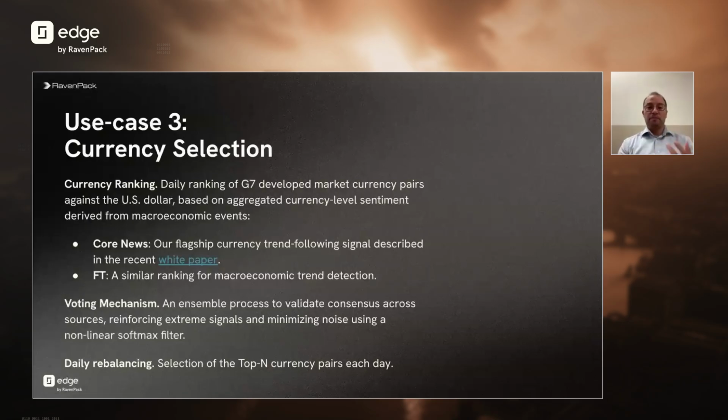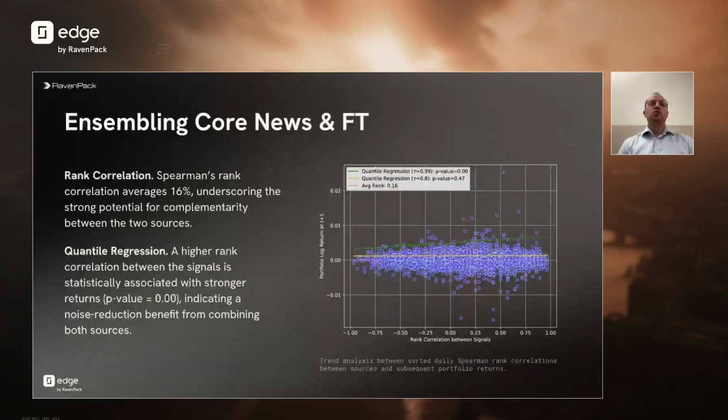So we create an ensemble process to validate the consensus across the sources, reinforcing more extreme signals and minimizing noise using a non-linear softmax filter. And again, we create our long-short currency baskets with daily rebalancing, going long and short the top 1, 2, 3 currency pairs.